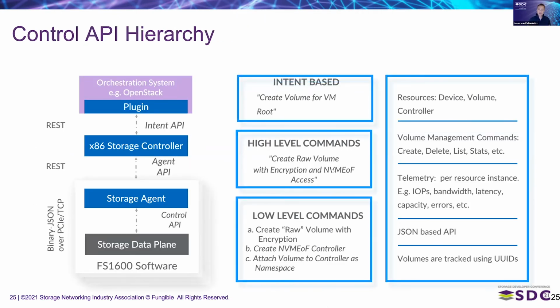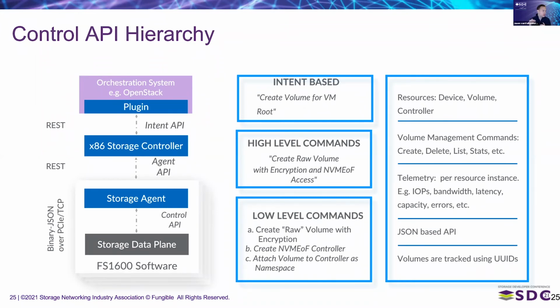So another aspect of that is we have a hierarchical control API approach, right? We've got APIs running on our storage arrays, and APIs running on our storage controller. Then you've got workloads like OpenStack or Kubernetes that are driving higher level concerns.